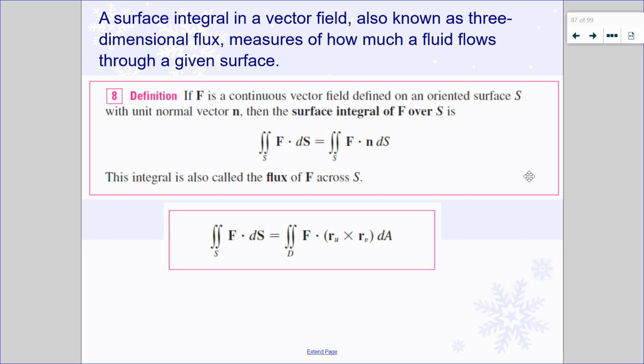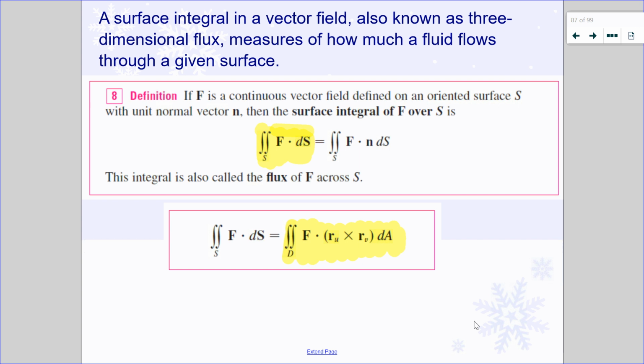The notation for it is the double integral over the surface S of the vector field F dS, and this is how you calculate it. Notice the calculation involves knowing the vector field, denoted by the capital F, and it also involves knowing the surface as you have parameterized it in terms of two parameters, here listed as u and v, but you can choose any two parameters.